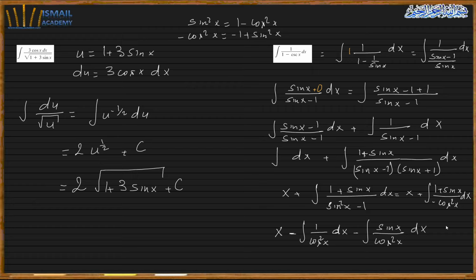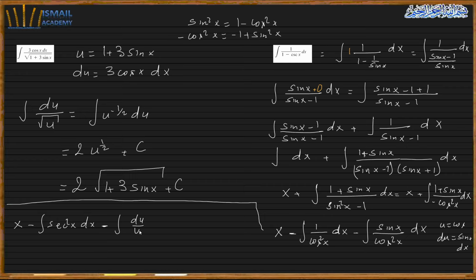so u will be cosine, so du will be sine dx. So here I will end up having, let me take this spot here, x minus the integral of secant square x dx, and if I substitute here, I will have the integral of du over u square.